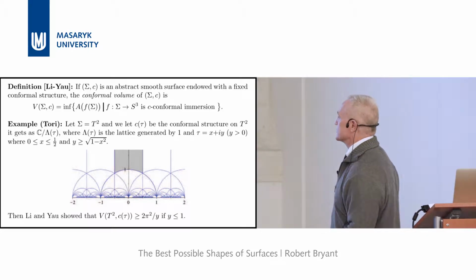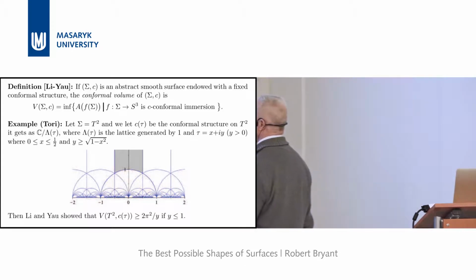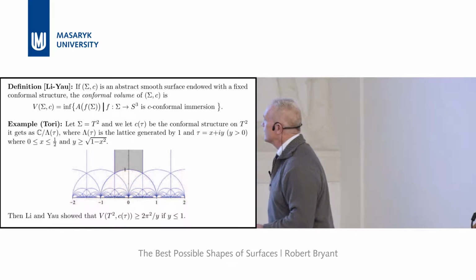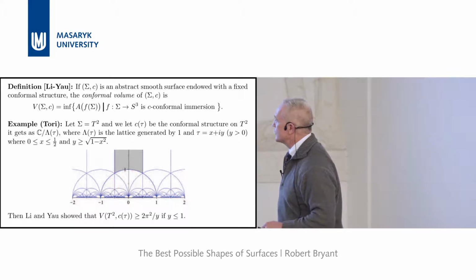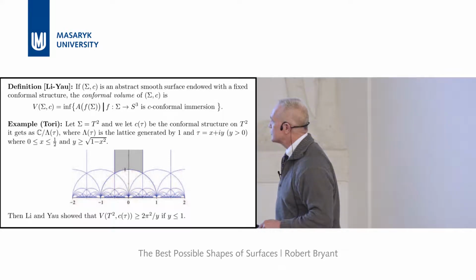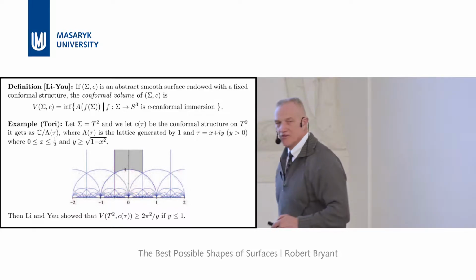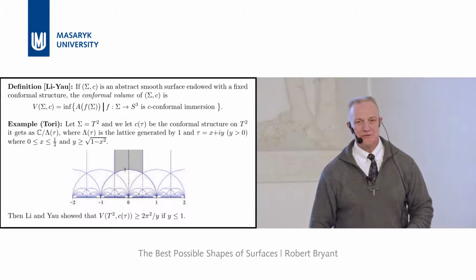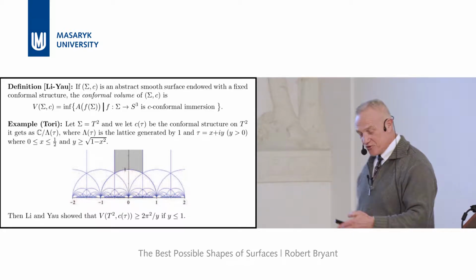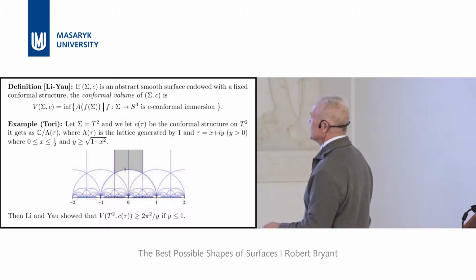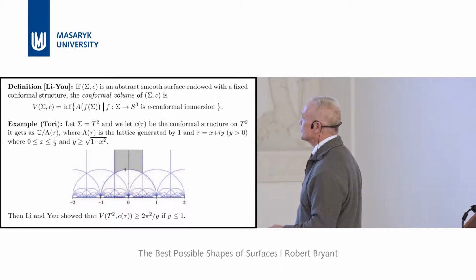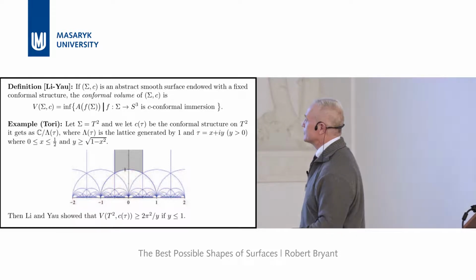And the consequence was that if the conformal structure induced on the torus is in this little piece right down here, where y is less than or equal to 1, then the Willmore conjecture is true, right? If you insist that the conformal structure fits in this little curvy triangle down here, then this number is bigger than or equal to 2 pi squared.